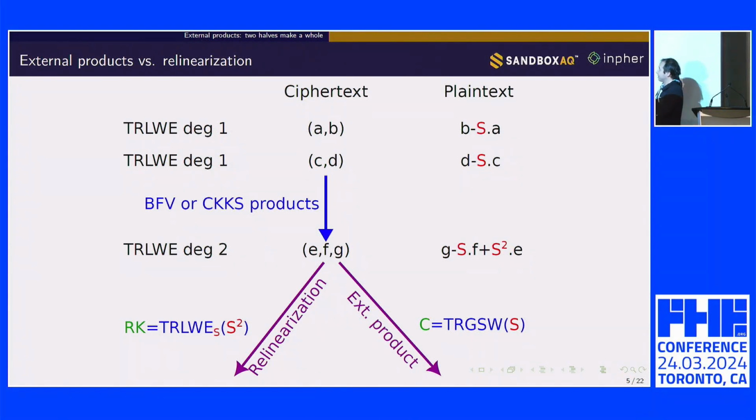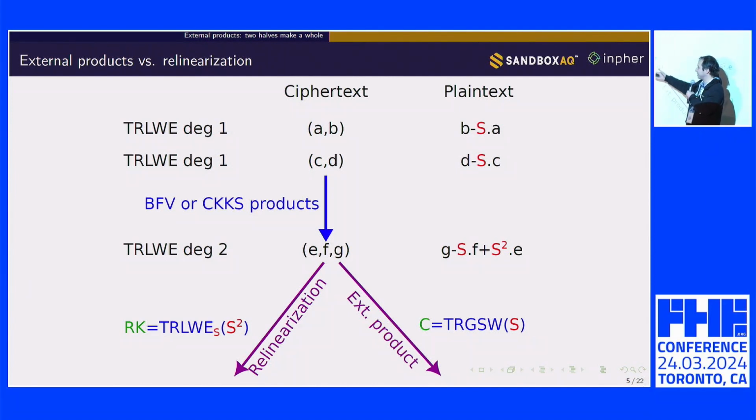So, external products versus relinearization. When the internal product, either BFV or CKKS, was first introduced, there was this operation that was taking two LWE ciphertexts, and the first step of the product gives you a type 2 ciphertext, a kind of degree 2 polynomial in the secret key when you have to decrypt it.